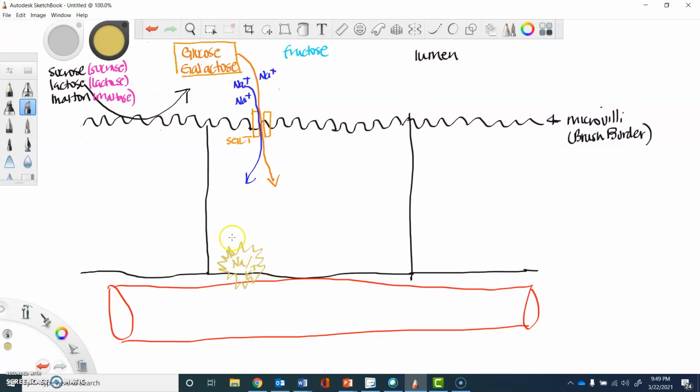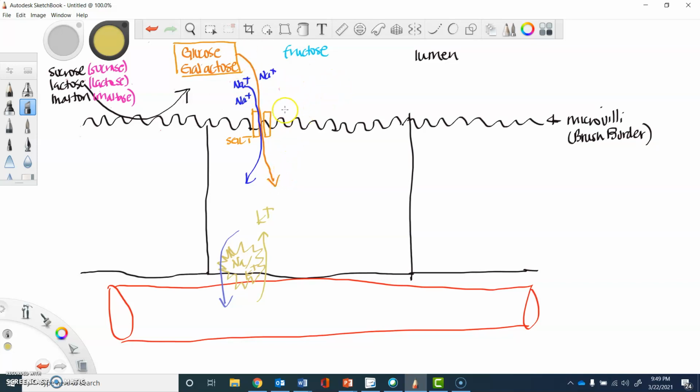Okay, and the sodium-potassium pump is going to pump out sodium into the blood, and of course it's going to bring back in potassium. Okay, so that will get the sodium out of the cell and keep the gradient of sodium coming into the cell from the lumen so that it can bring in that glucose and galactose.